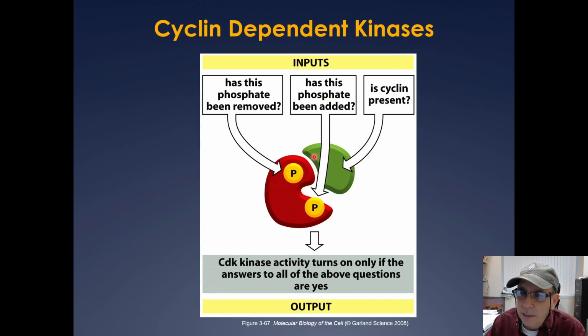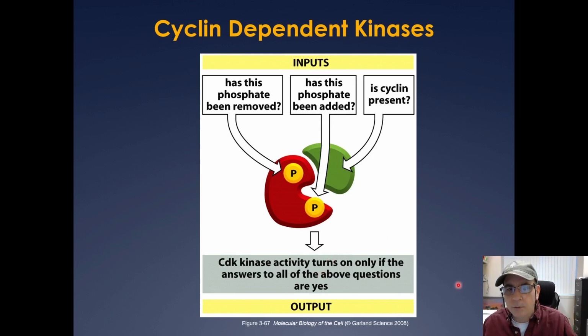Okay, and if the answer to all these questions is yes, this phosphate doesn't exist, this phosphate is here, and you have cyclin present, that says to turn on the CDK kinase activity, okay? And then that will go on and phosphorylate other things in the cell cycle and lead to cell cycle progression.